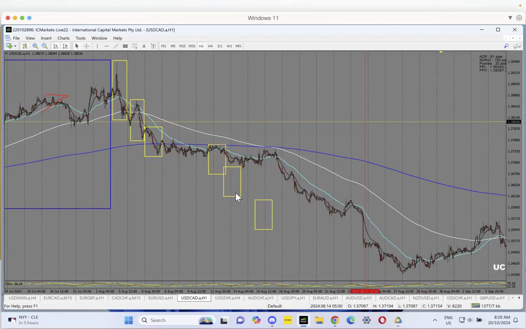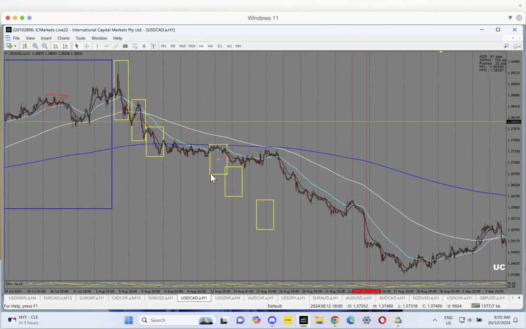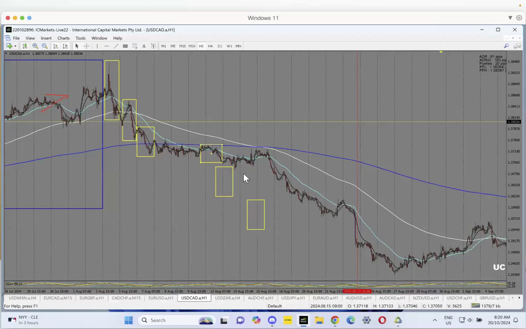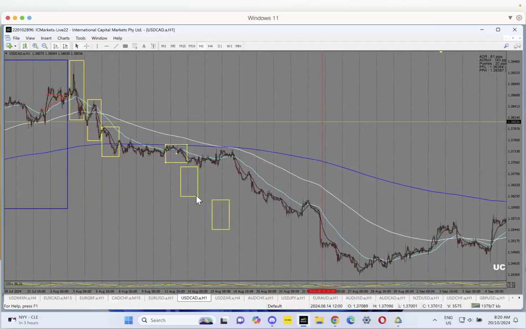What's going on here? All right. For now, that's what I can see. Now, I will temporarily mark this as my second drop, and I'll temporarily mark this as my third drop, and that is a consolidation. Now, hold on a second.